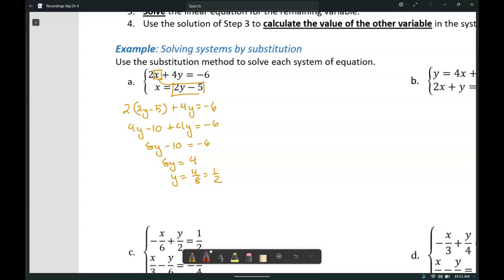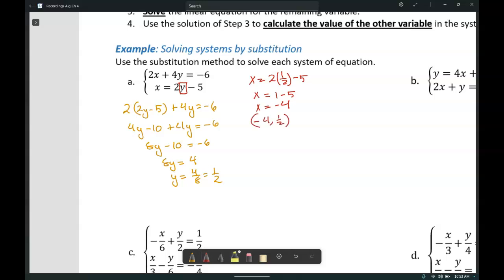And once we know what y equals, we can go back to either equation and find what x equals by substituting in for y. So we can solve for x equals 2 times 1/2 minus 5. So we get our solution of -4, 1/2.